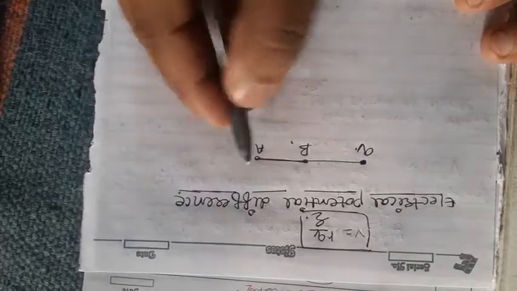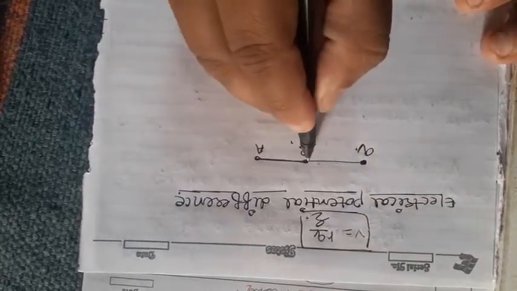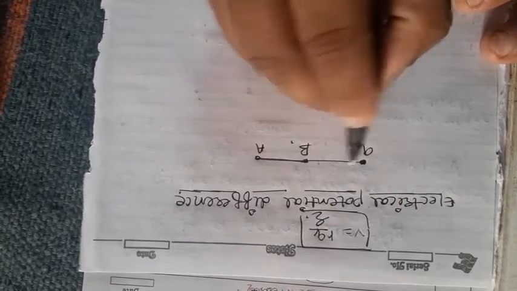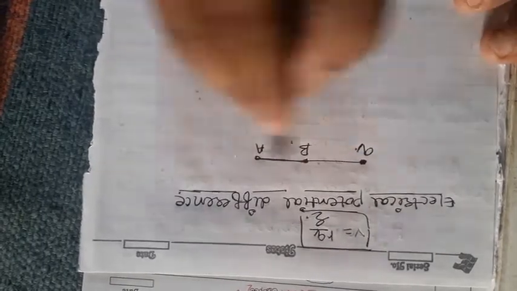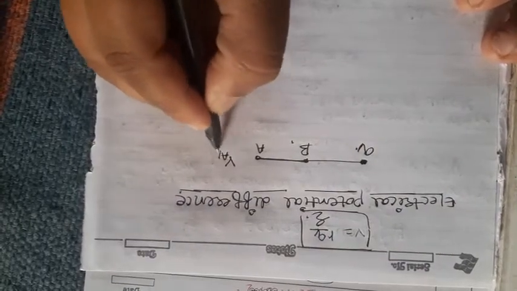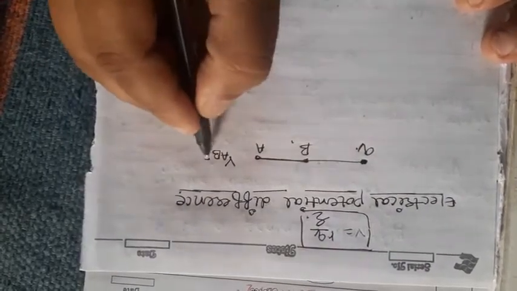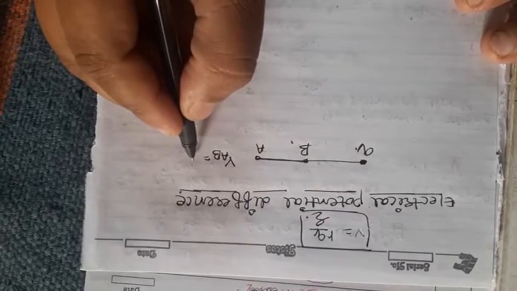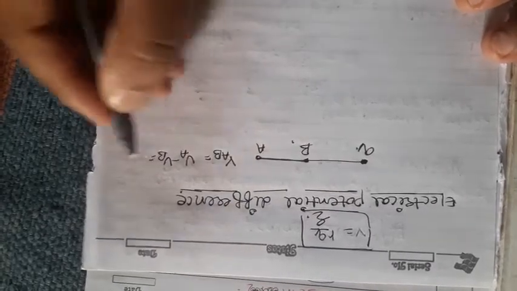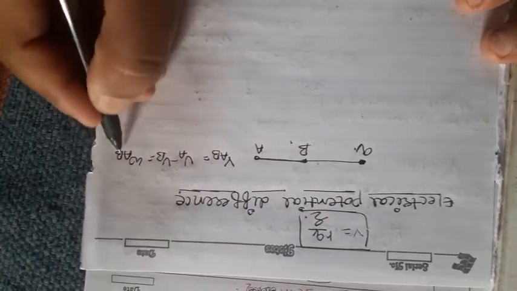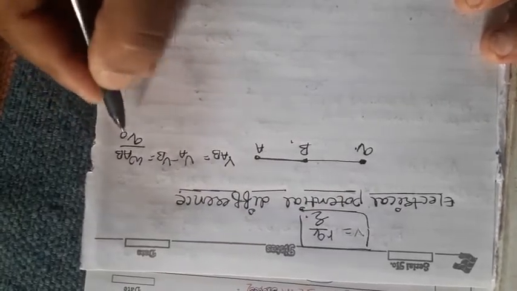I repeat, in moving the test charge from one point to another point in the electric field of the given charge. It means the potential difference between A and B is given by VA minus VB is equal to work done in moving from A to B divided by that test charge.